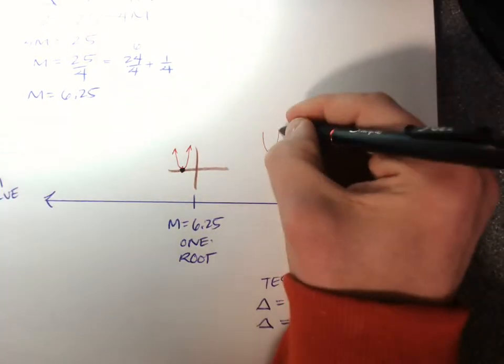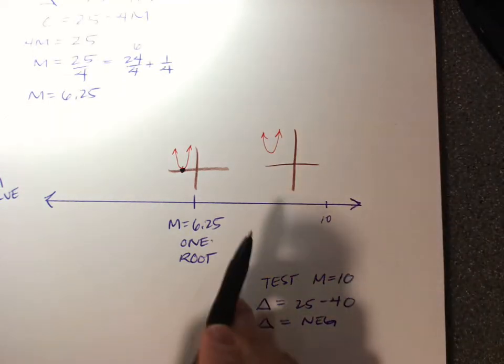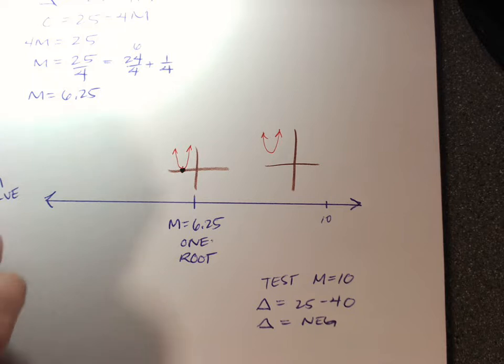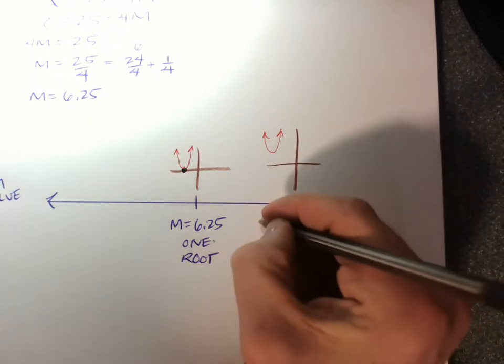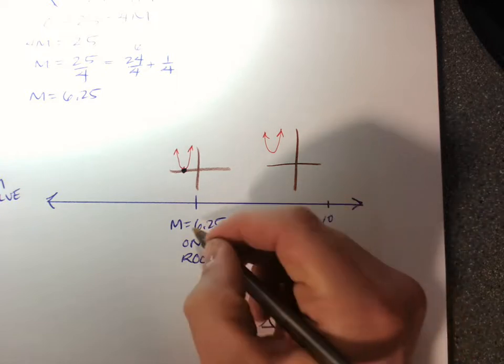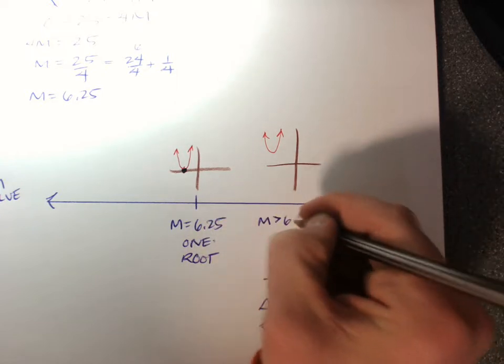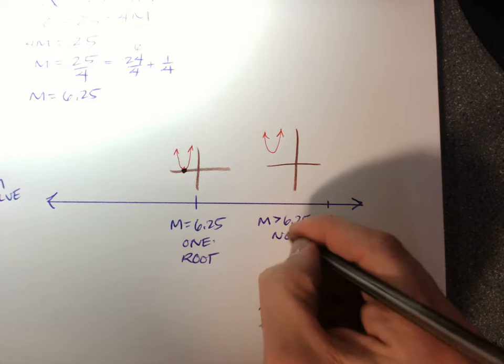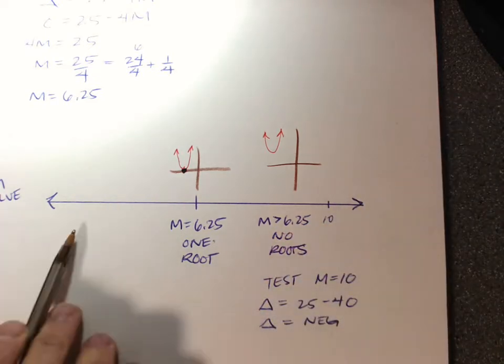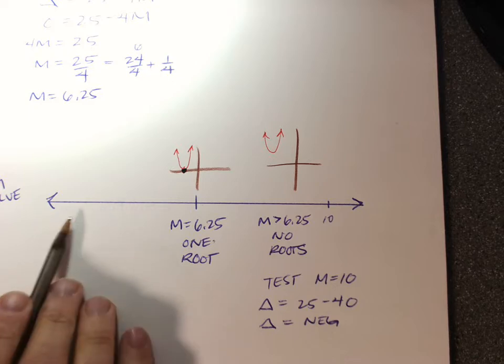And I'm just going to go ahead and draw a generic one right here. So from 6.25 on, there are no roots. M, and we would write greater than, strictly greater than, because it can't be equal to, that's something else. 6.25, no roots.